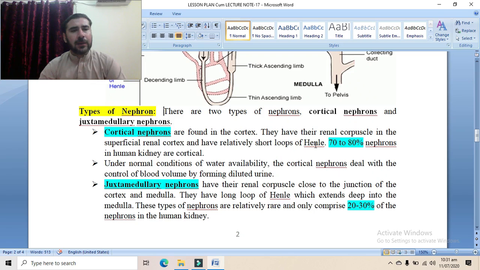And these cortical nephrons basically make 70 to 80% of the human kidney. They work under normal conditions, whenever there is normal availability of water. So the cortical nephrons will work normally and they will produce diluted urine.